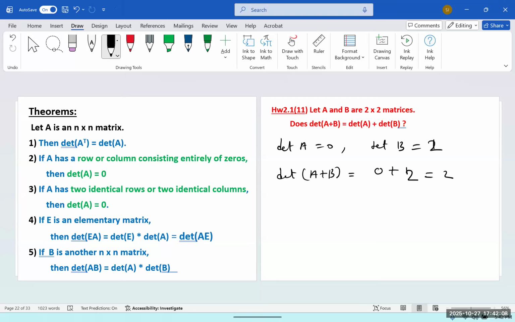But how about A plus B? Give an example of what A plus B would be. Otherwise, how do you find the determinant of that A plus B matrix? Let's take any matrix. Elvin, what do you think? Okay, your idea is okay, but let me use this one now. We don't know.